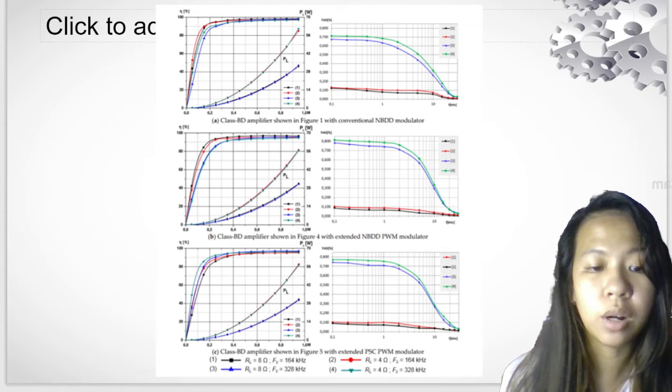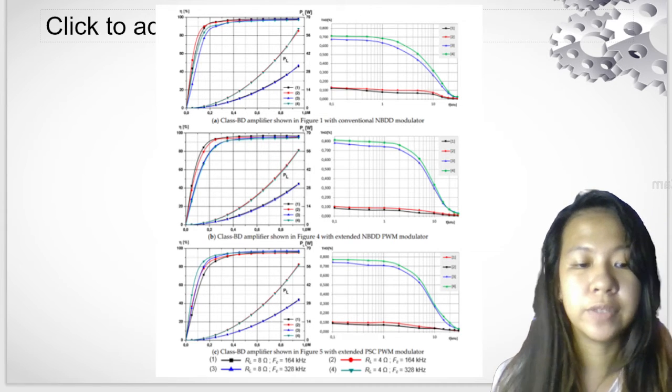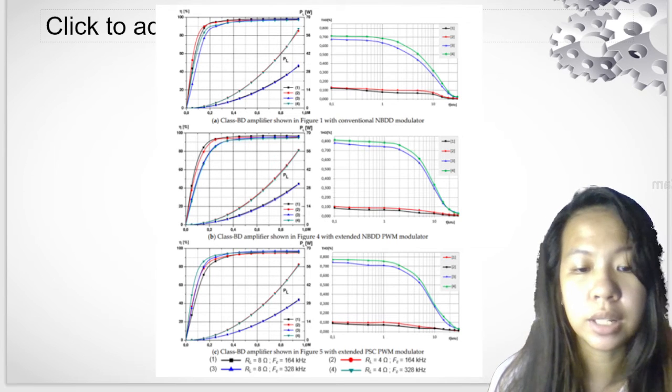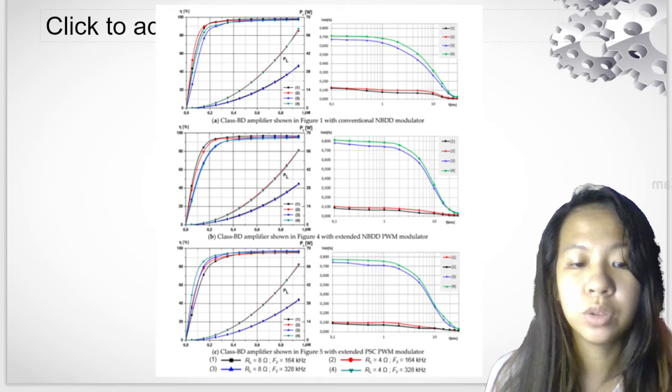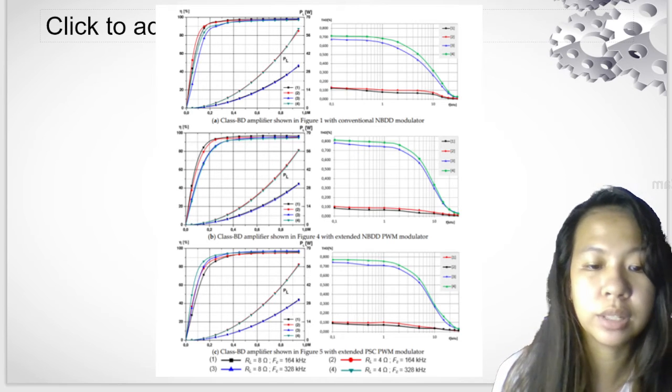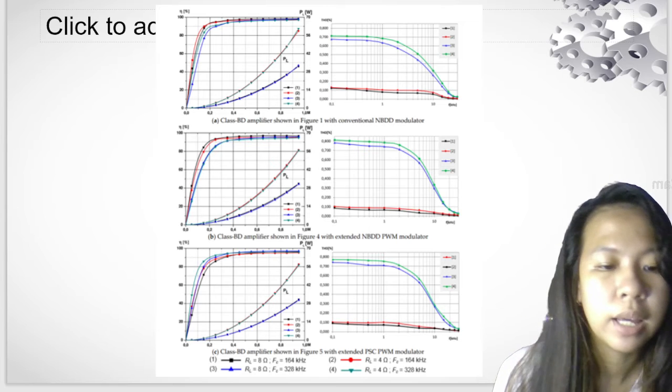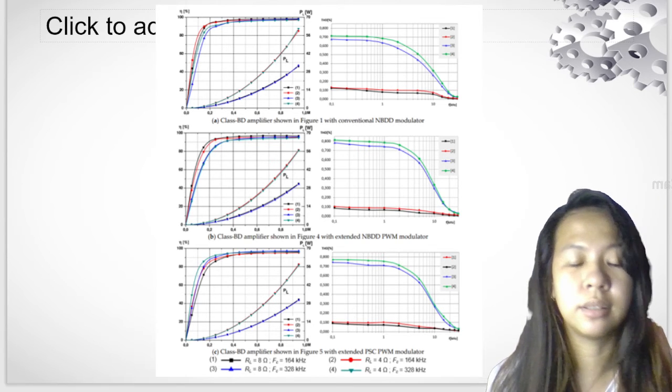In number 2, R_L equals 4 ohms, f_C equals 164 kHz. In number 3, R_L equals 8 ohms, wherein f_C equals 328 kHz, and in 4, R_L equals 4 ohms, f_C equals 328 kHz. That's all.